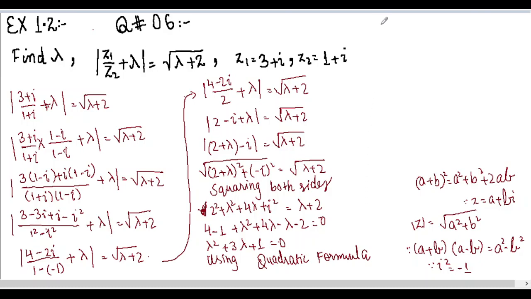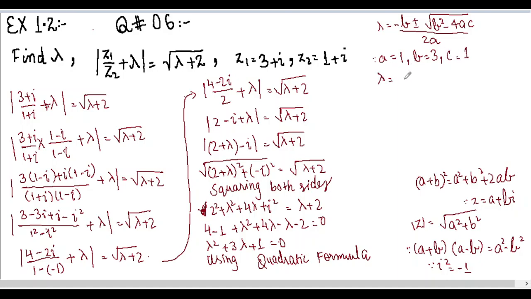Quadratic formula is lambda equals minus b plus minus square root of b square minus 4ac, whole divided by 2a, where a is 1, b is 3 and c is 1.